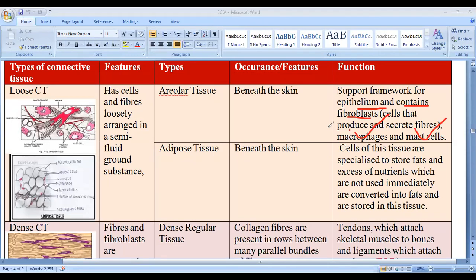So what is the function of the fibroblast? The fibroblast secretes the fibers.